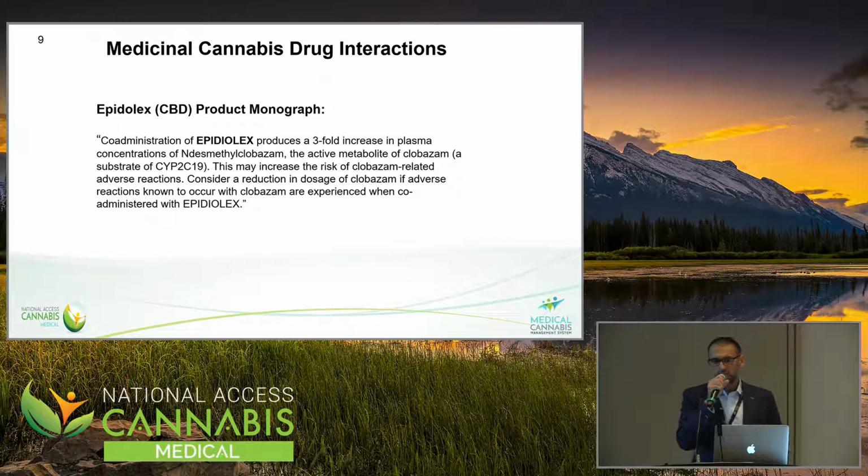But generally speaking, if you're looking from a high level at the concern around drug interactions and medical cannabis, it's not as severe as, for example, something like amiodarone or some of the other drugs out there. The interactions that do occur are rare.